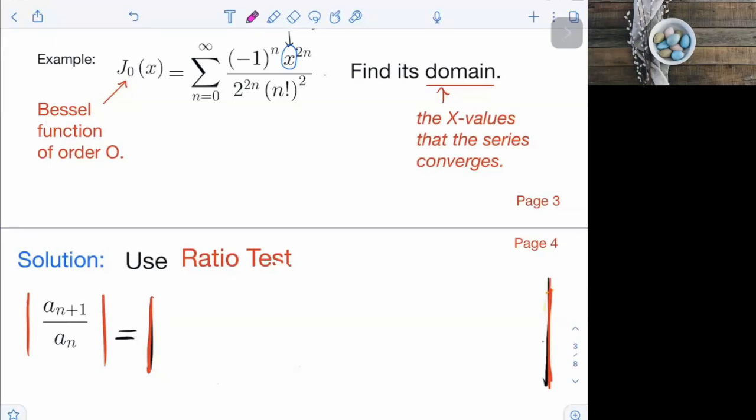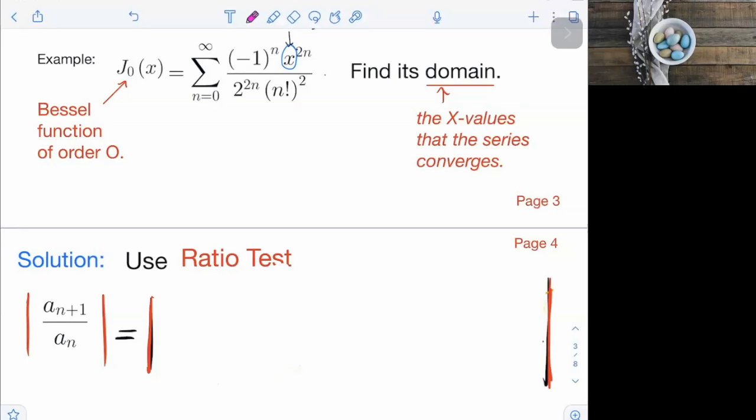The alternating sign we can ignore because of the absolute value. Next time we can ignore the alternating sign. It really doesn't matter, because with the absolute value we can ignore that. Okay?